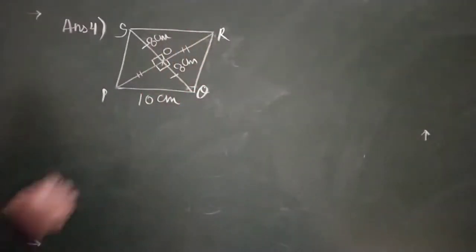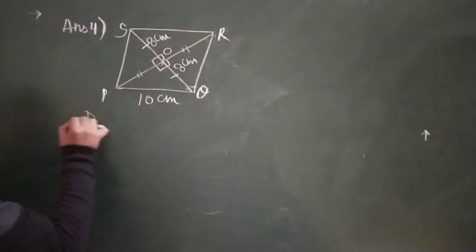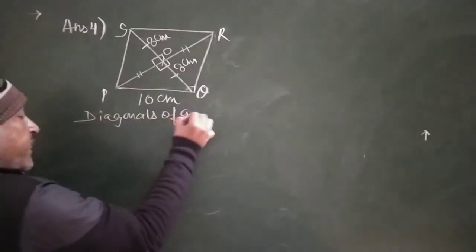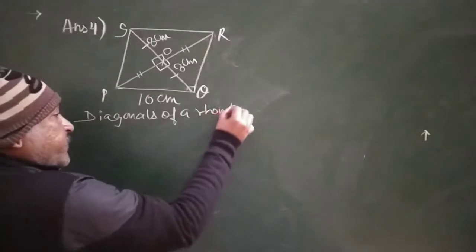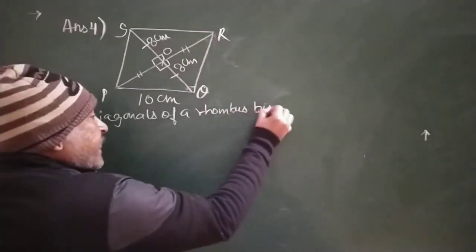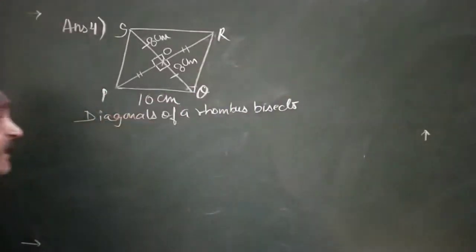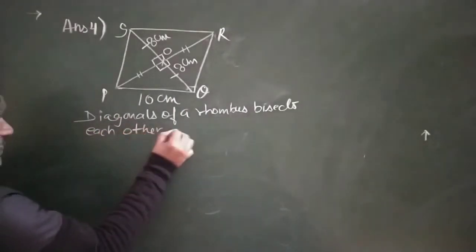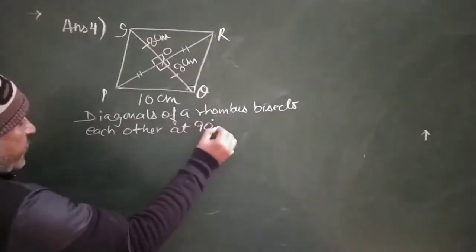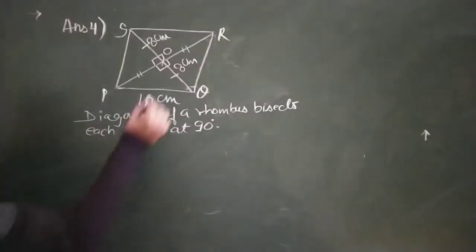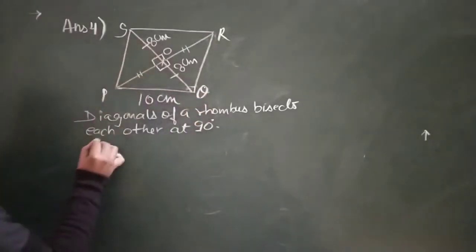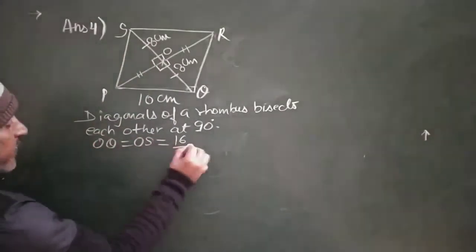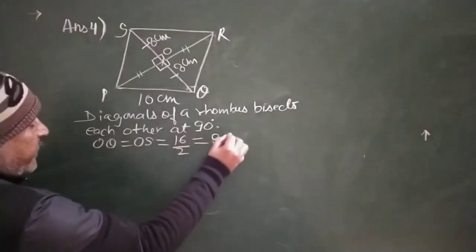Okay. So first of all, we have to tell here that diagonals of a rhombus bisects each other at 90 degree. Okay. So from here we can say OQ will be equals to OS, and that will be equals to 16 upon 2, means 8 centimeter.